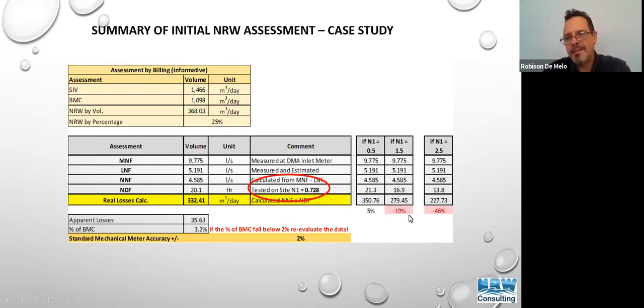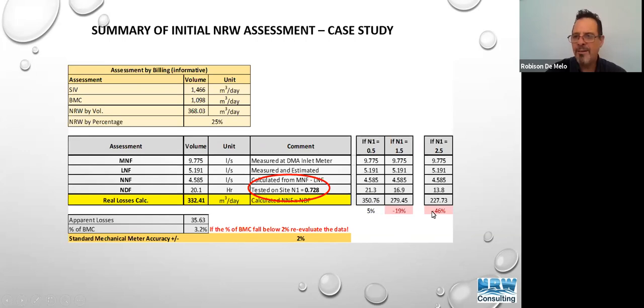On the opposite side, with a completely plastic, flexible pipe, we would have 279 cubic meters per day of real losses, which is 19% less than the calculated one.